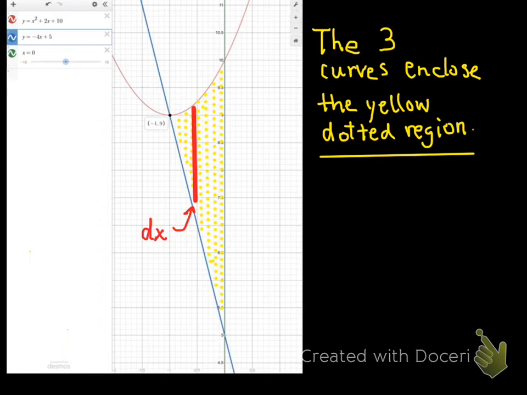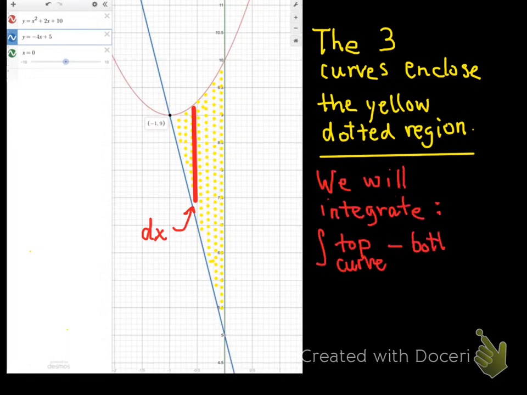If you can envision thousands of books shelved from left to right, each of those spines is like a rectangle. When we sum up all those rectangles, or integrate them, we'll end up with the area of that yellow dotted region. So that's the master plan.